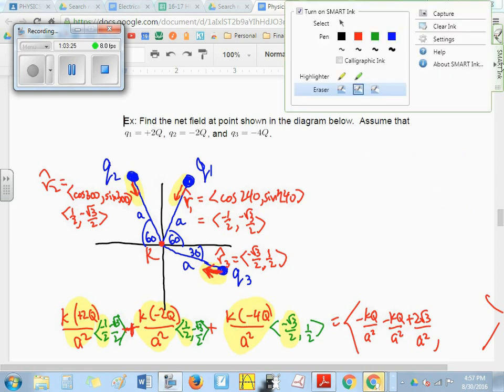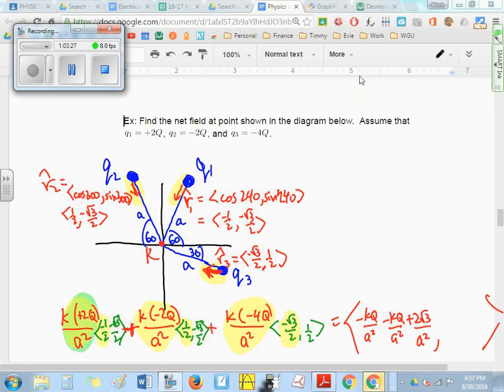Okay, now it's time to look at the y component. So it's outside times y plus outside times y plus outside times y. So we end up with negative root 3 kq over a squared. And then in the middle, we have another identical one of those.